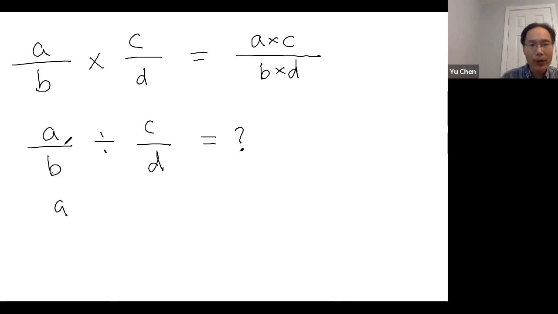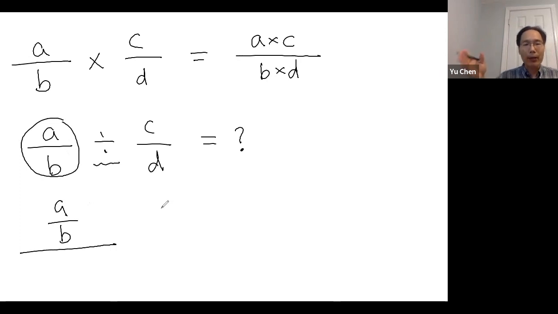Let me show you. First, we treat this one together as a number put in the numerator. Then the division sign can be represented by this long division bar. Then I put C over D here. Again, this is essentially the same.